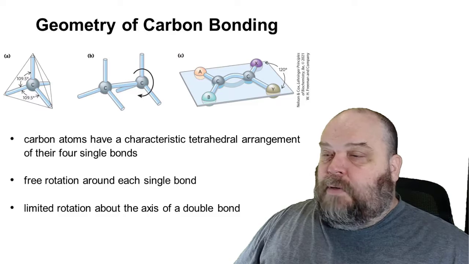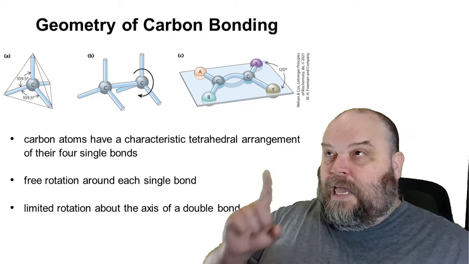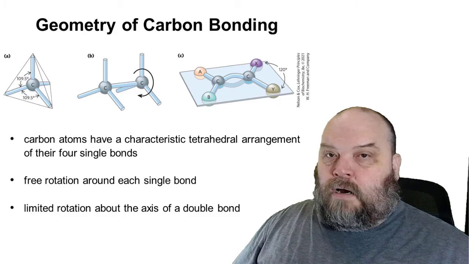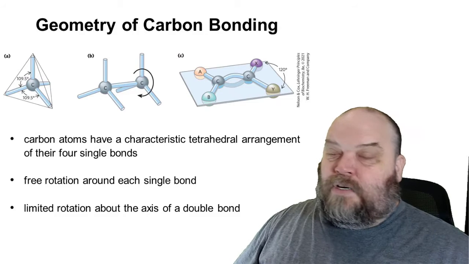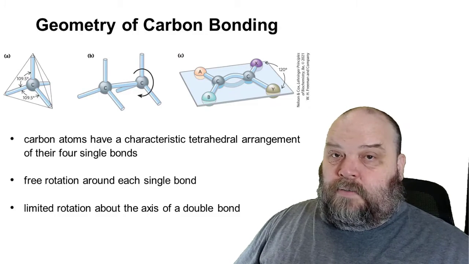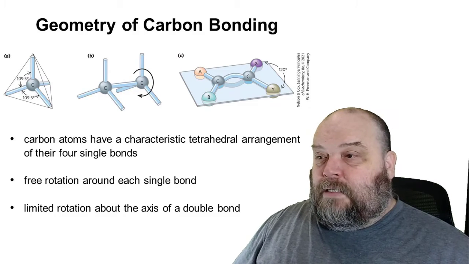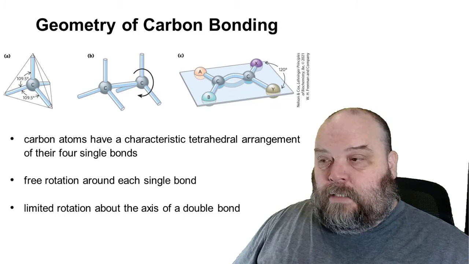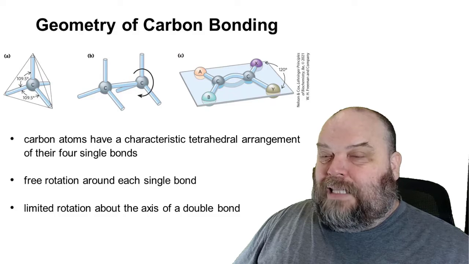Even though it is a carbon-carbon single bond, as you see there in B, the angle between whatever's bound to the carbons is still going to be maintained at 109.5 degrees. But the minute it's a double bond, you now end up with 120, as long as everything stays in the same plane.